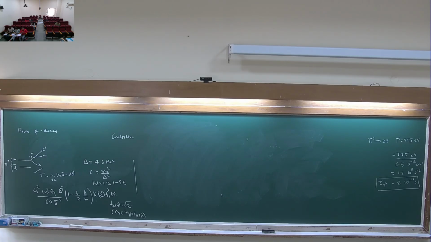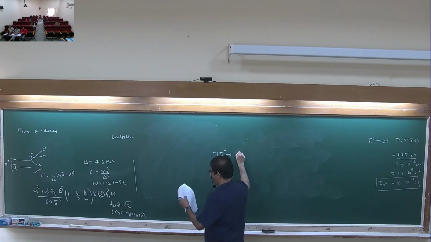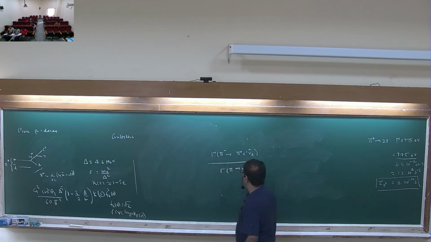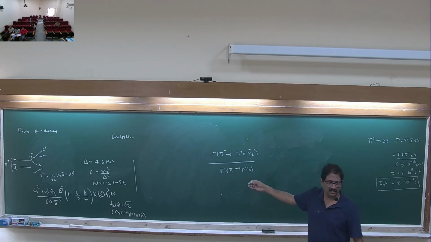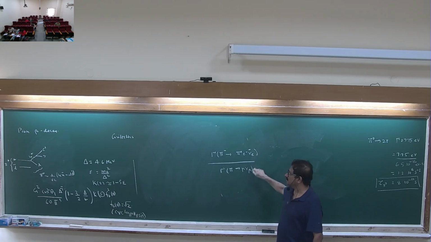Actually, I want you to get this ratio, ratio of gamma of pi minus, let's say, going to pi 0 e minus nu e bar divided by gamma of pi goes to mu nu mu. This is the thing. With this, virtually the entire decay goes through this. So let's get this ratio.